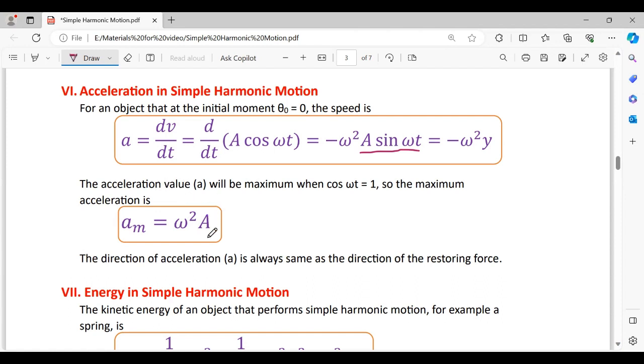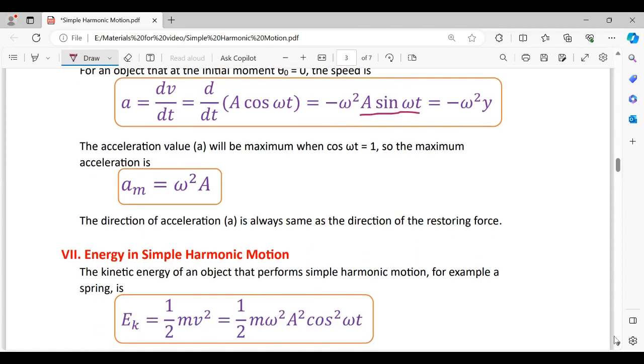And the direction, because you know that velocity and acceleration as well are vector quantities, so they have direction. The direction of acceleration is always the same as the direction of the restoring force. Okay, it's important for us to memorize this.